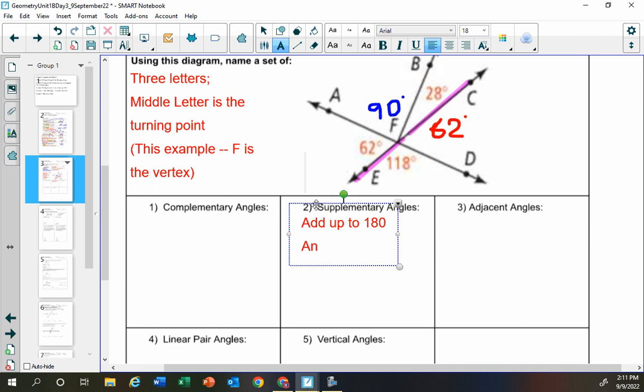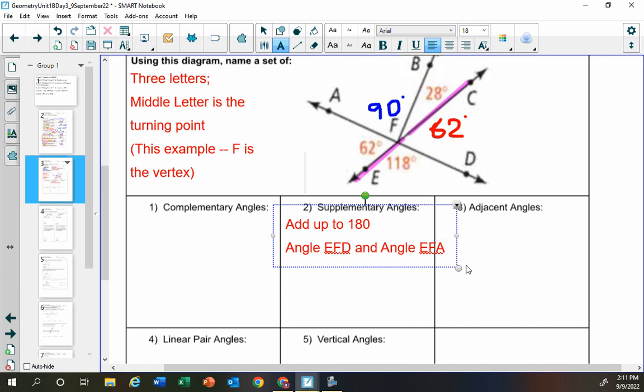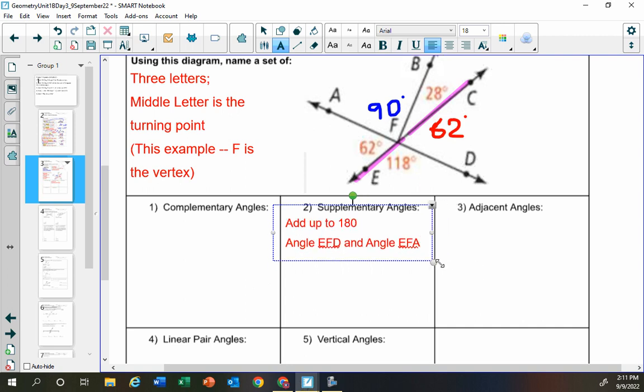So angle EFD and angle EFA. I liked how you're starting to use letters as your angle names. Good. So that's an example. They add up to 180.